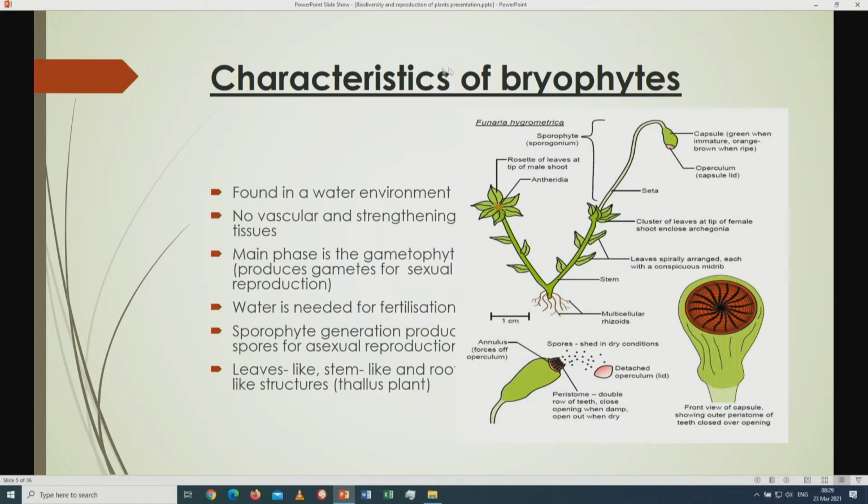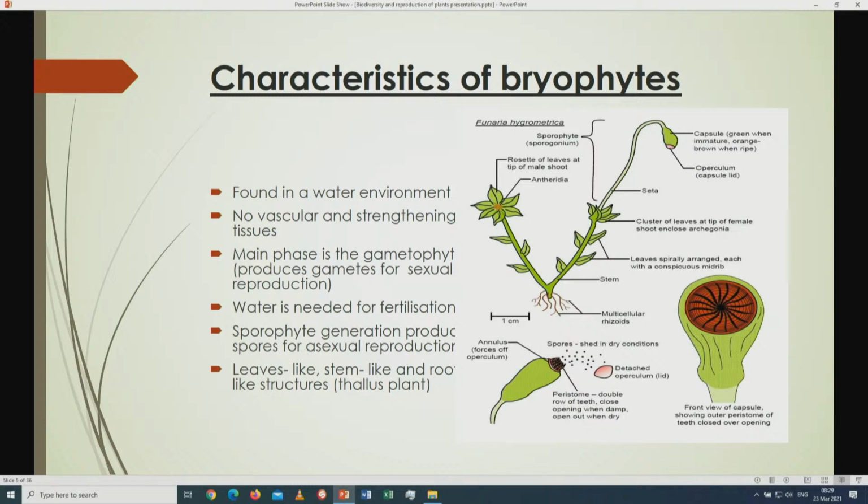Coming to the characteristics of the bryophytes. They are found in a water environment. They don't have vascular and strengthening tissues for support as well as for conducting water and mineral salts. So they are supported by the water in which they are found. In plants, there is alternation of generations.